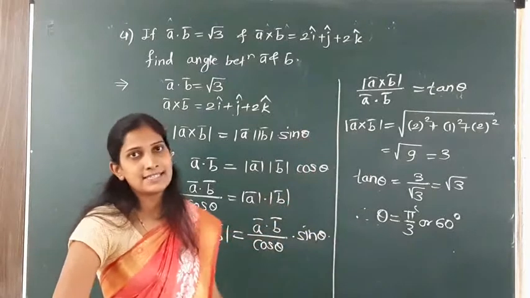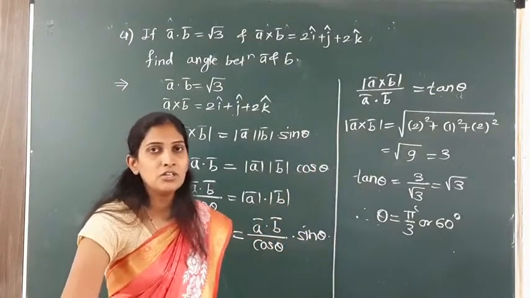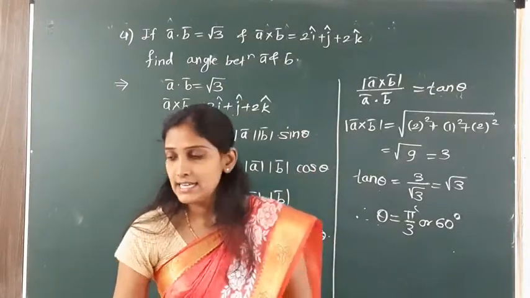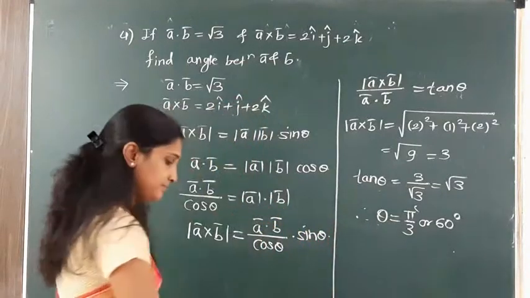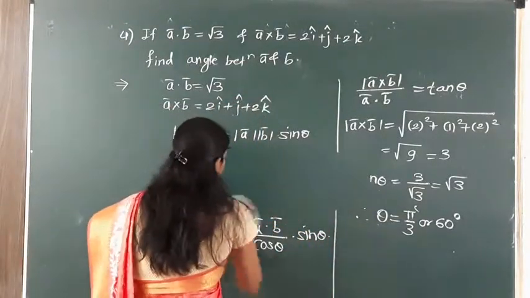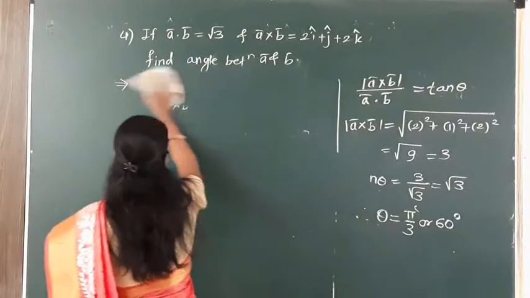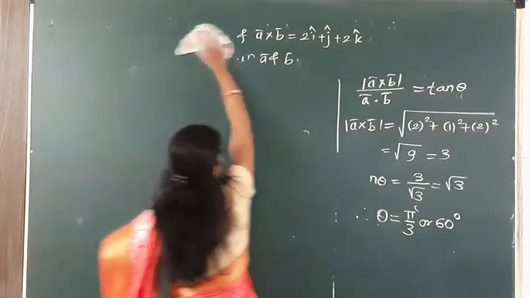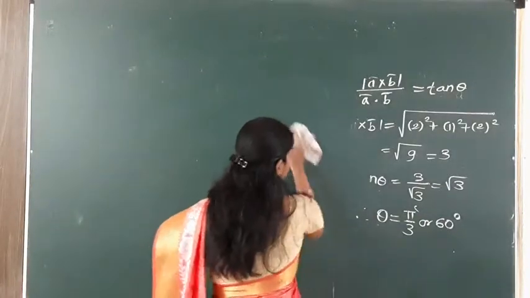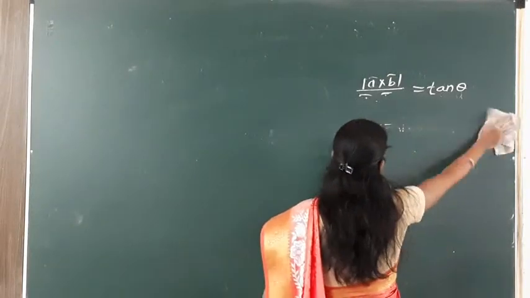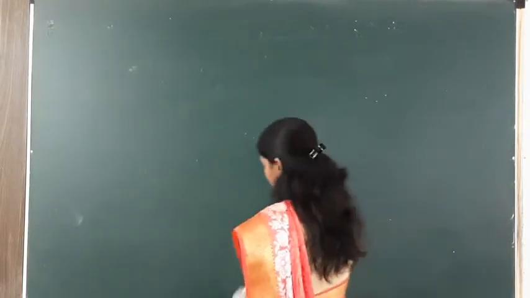This is our second example. Now the next point is scalar triple product.